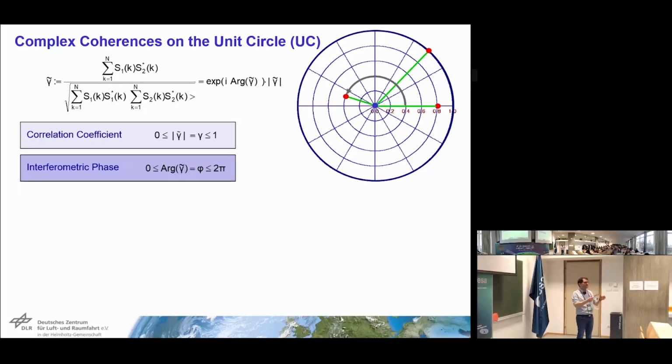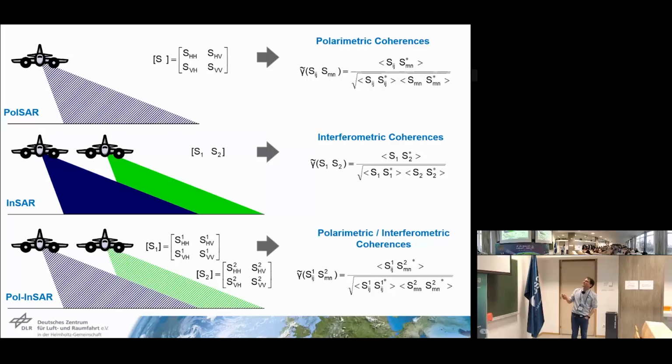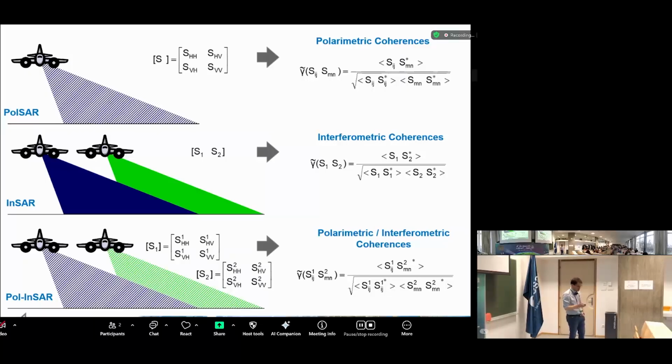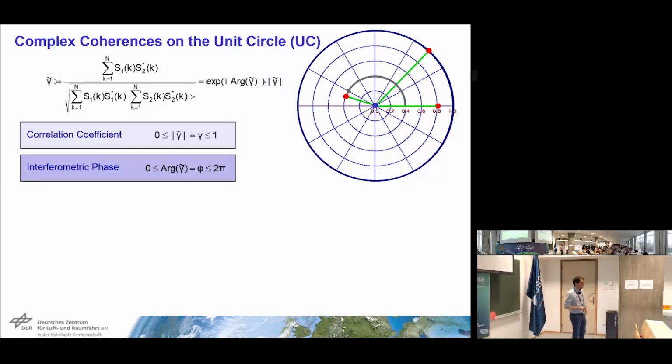You take the two images, supposing they are already co-registered, and then you take a pixel and a window around this pixel. You replace the statistical expectation with just a simple average of these cross products within the window.